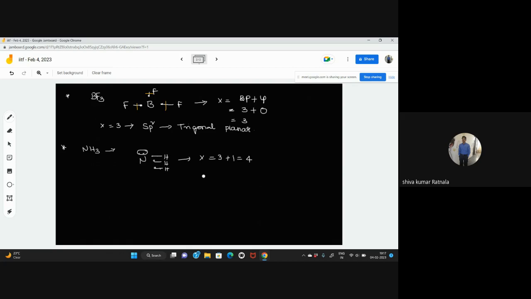And 4 with one lone pair, no? So what is the hybridization here? sp3. Because of a lone pair, the geometry remains pyramidal. Is it clear? Sir, I didn't understand, sir.